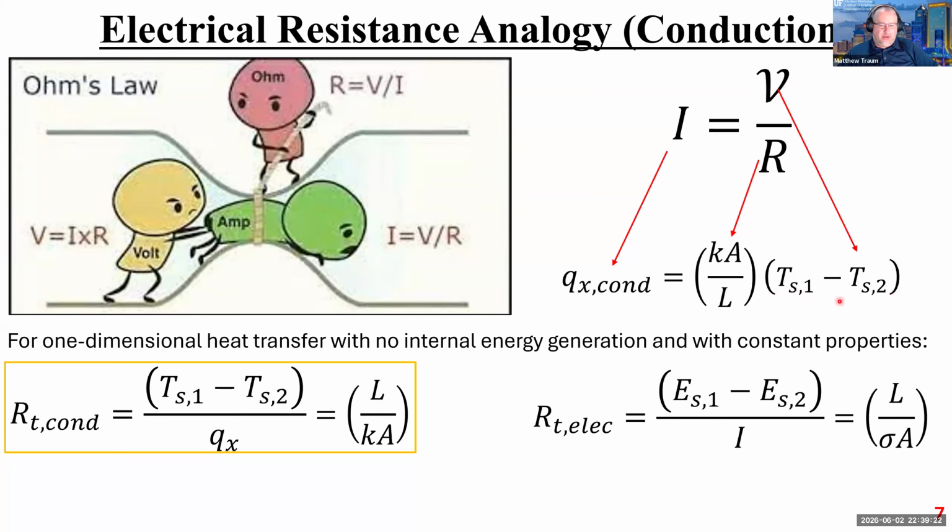I have low temperature and high temperature, and the high temperature is pushing the heat towards the low temperature. So that's where that analogy from voltage comes from. And then I have some resistance, the red guy, who is trying to impede that flow of thermal energy, that flow of heat, the same way that a resistor in an electrical circuit would impede the flow of electrons. And so I have this resistance term, and that's analogous to kA over L in my Fourier equation.